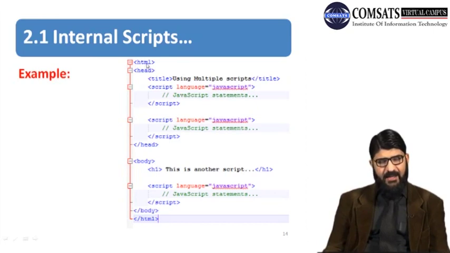The HTML head tag is started, and then the title tag is given, where the title is mentioned using multiple JavaScript, and then the title tag is closed. Then the script language JavaScript is mentioned, and these are the commands that you can see in green color, and then the script tag is closed.